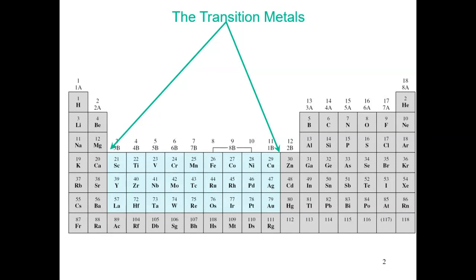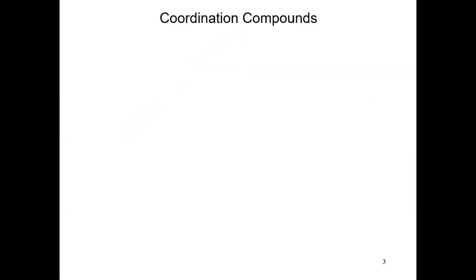So transition metals in particular are important because they either have unfilled d subshells, d orbitals, or they give rise to ions that have unfilled or partially filled d subshells. And as we'll see later on, that plays a major role in the formation of these complex ions.